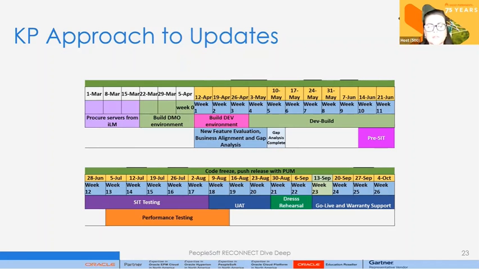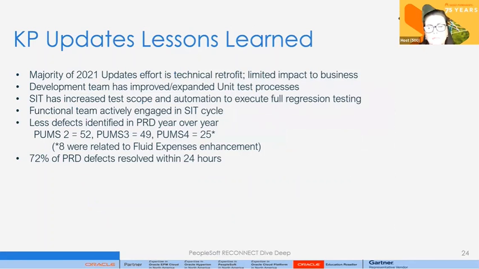We went live in September, the first week of September, and then we had a month of production support during that time. That gives you an overview that we have about 26 weeks for the project. Of course, there's planning that takes place ahead of time, but that gives you an idea of what we do within that time frame. Next, please.